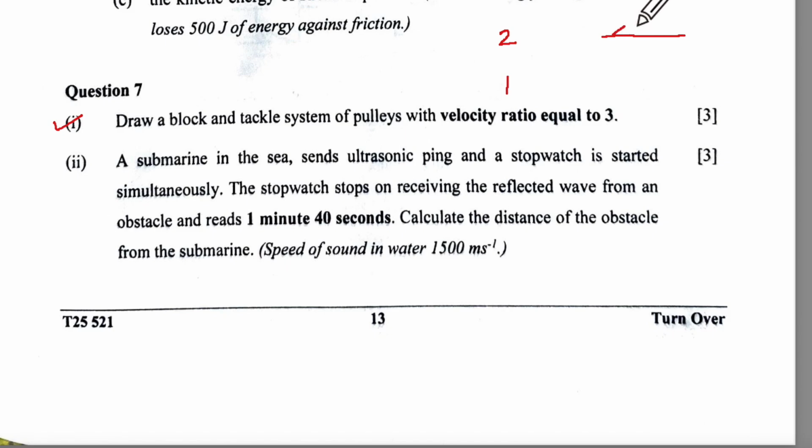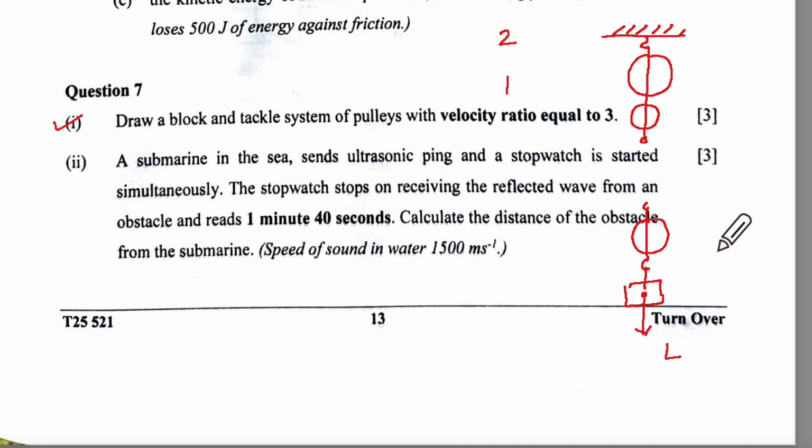Precaution has to be taken that you show the rigid surface, you show the hook, and then you will show the first pulley with a larger diameter, second pulley with a smaller diameter, show the hook, and then you will show another pulley with a smaller diameter, and you will show the load here. From the center of gravity, you will show the load acting vertically downwards, and start with the effort.